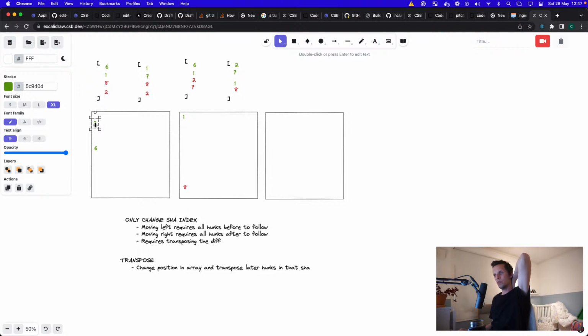Because if I remove line 2, well, I guess what changes here is that this 8 isn't correct anymore. This needs to become 9. But that already happened when I moved it from here to here, it already became 9.